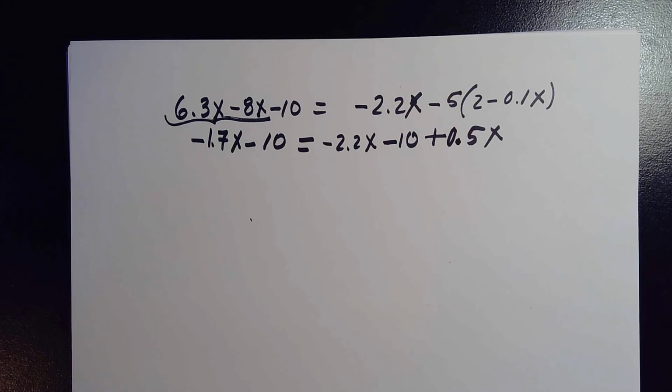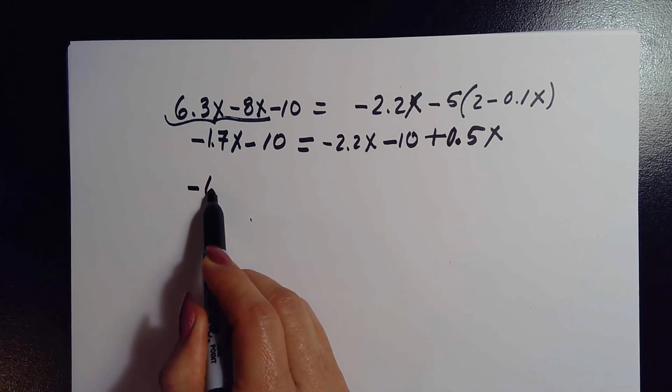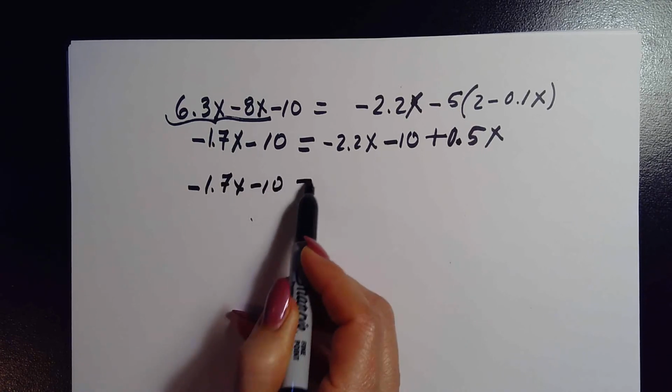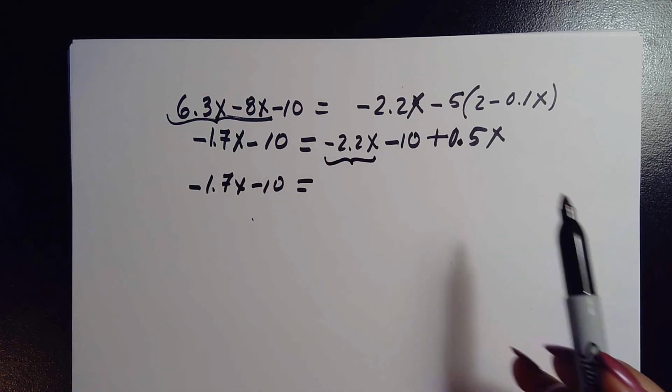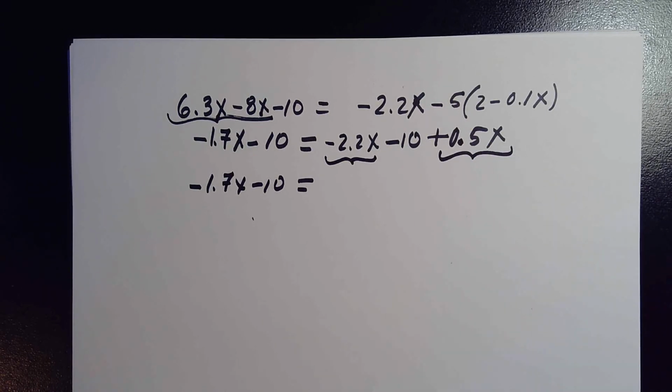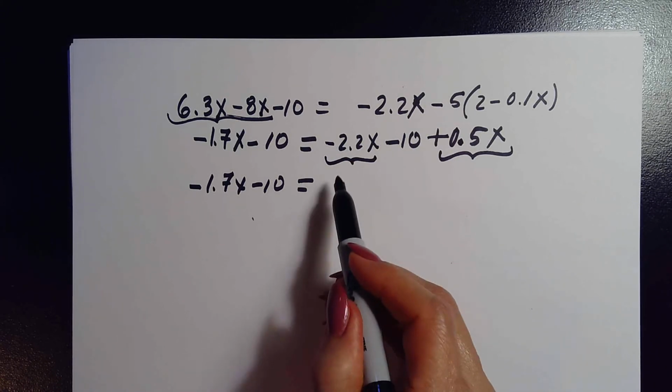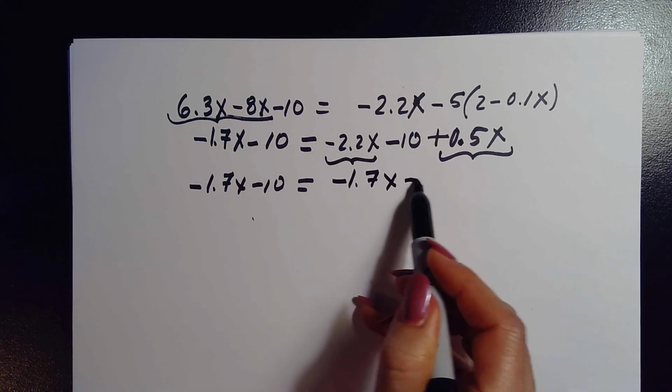Now let me bring down negative 1.7x minus 10 because I cannot combine these further, but I can combine the negative 2.2x and the 0.5x. Negative 2.2 plus 0.5 gives me negative 1.7x minus 10.